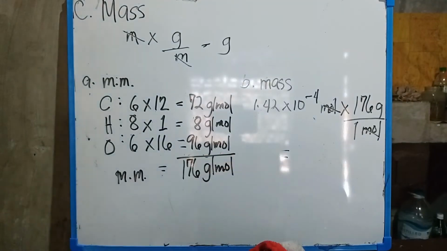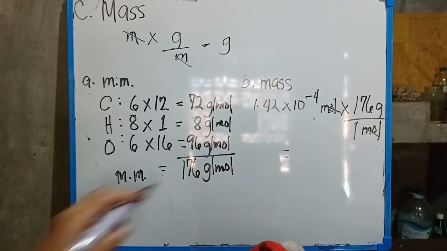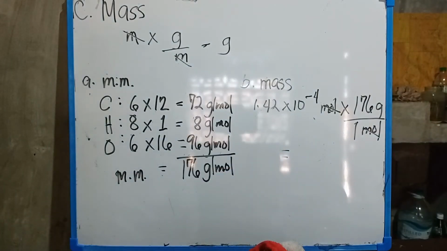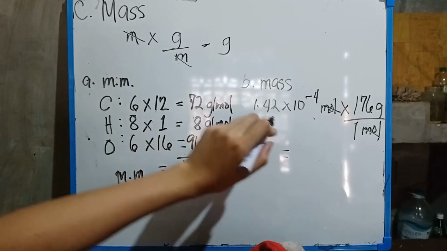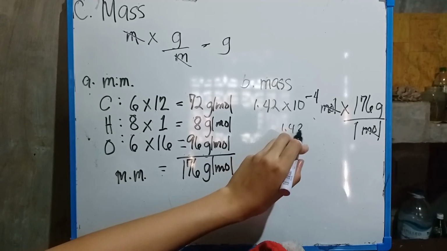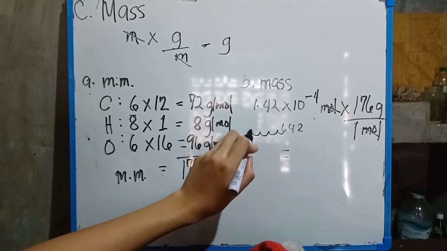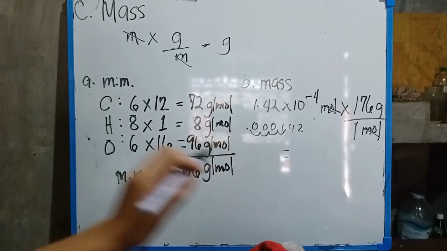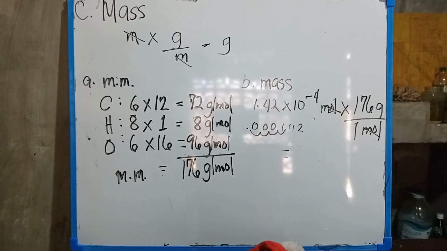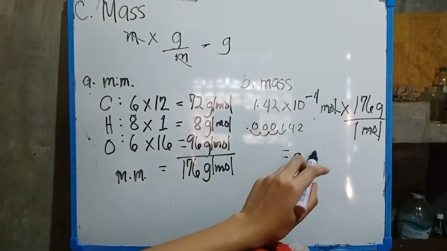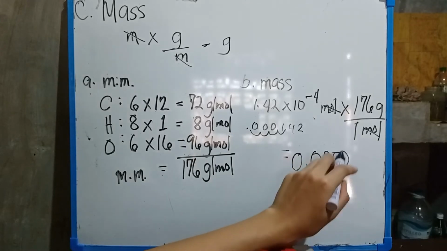So what is the answer? When we say raised to negative 4, for example, 1.42, we move the decimal 1, 2, 3, 4 places. So it is 1.42 times 10 raised to negative 4 multiplied by 176. Yes, our answer is 0.0250 grams.